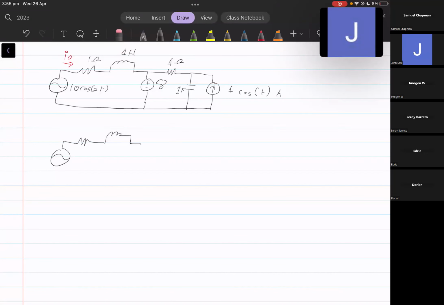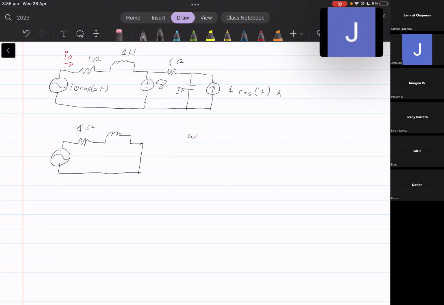So the voltage source again, that's going to become a short circuit, and we won't bother with what's on the other side because it won't matter as there's a short circuit here.